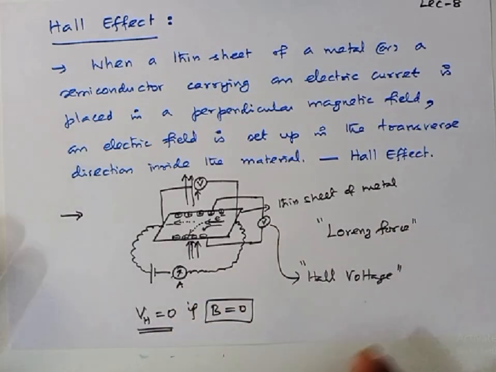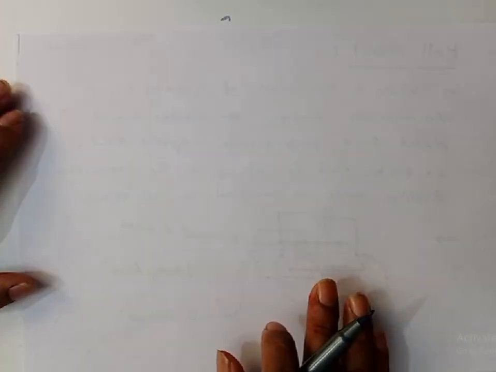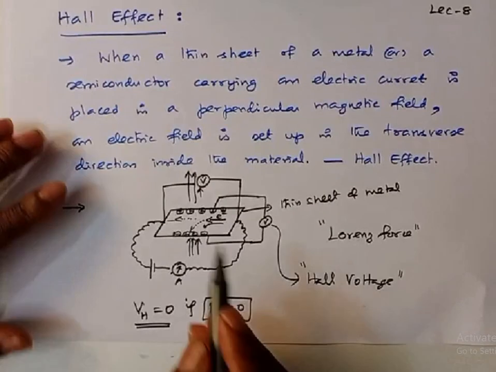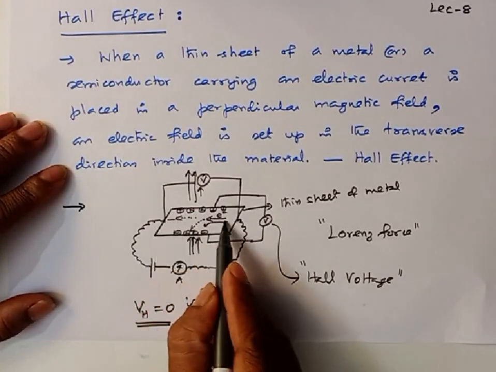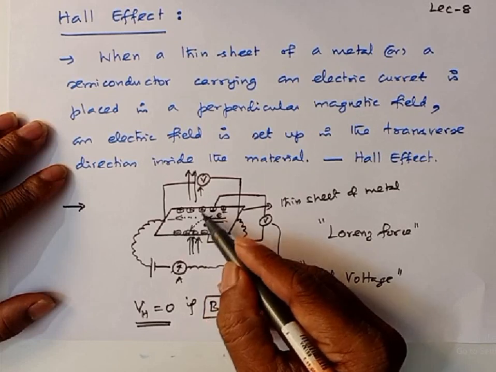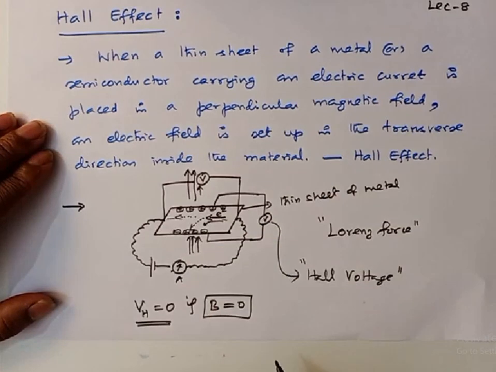Clear? I am not going to do any derivation here, but I am going to give you the concept. Here you will get a resistivity in this direction, called the longitudinal resistivity, and you will get a resistivity in this direction, called the transverse resistivity.